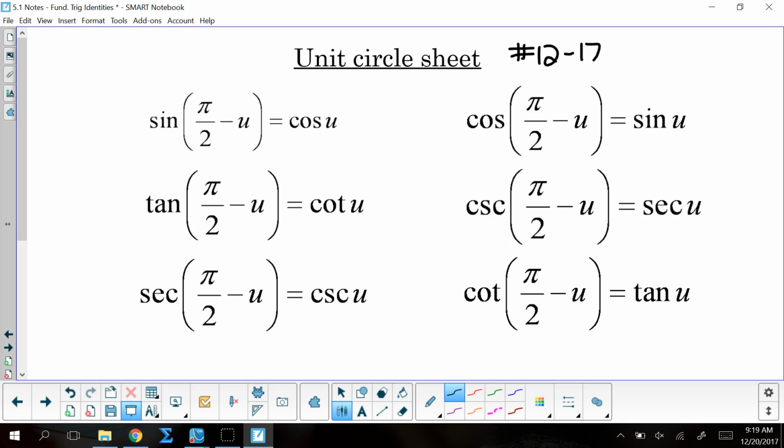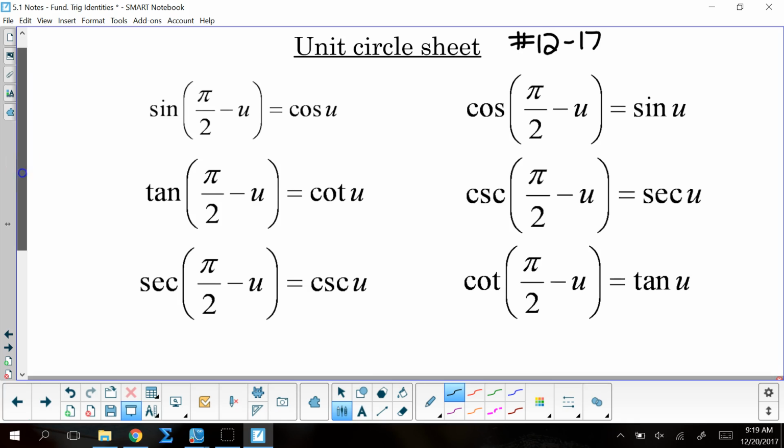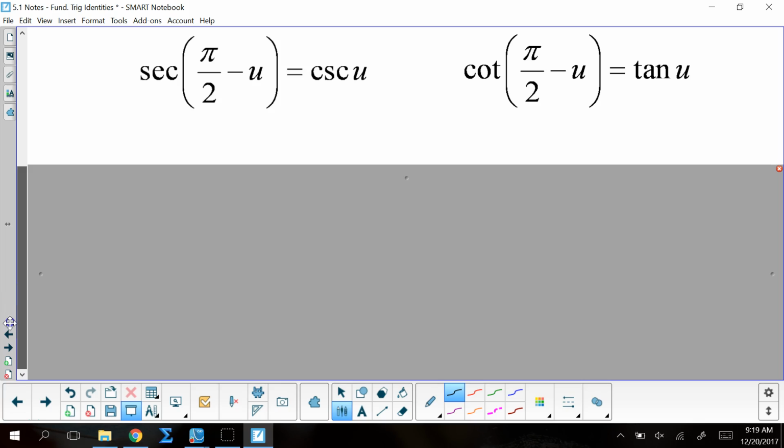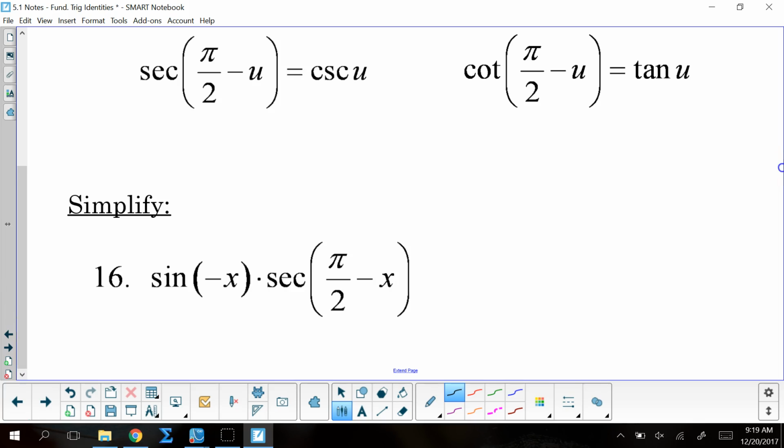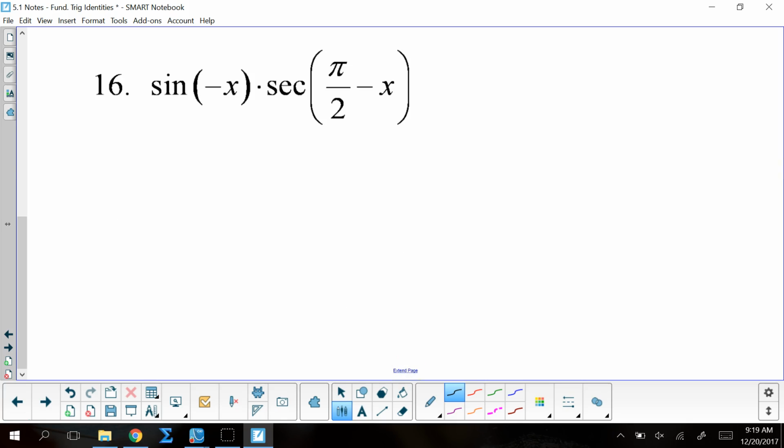The tangent of the complement is the cotangent of the angle. The secant of the complement is the cosecant of the angle. Cosine of the complement is sine. Cosecant of the complement is secant. Cotangent of the complement is tangent. Flip, floppity, floppity, flip. So we can use those now to simplify something that looks like that.